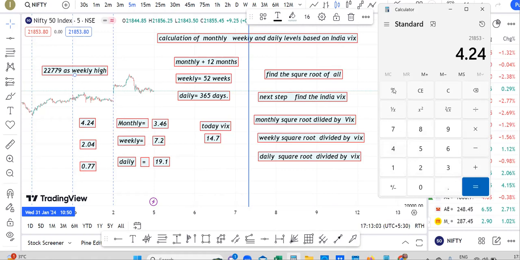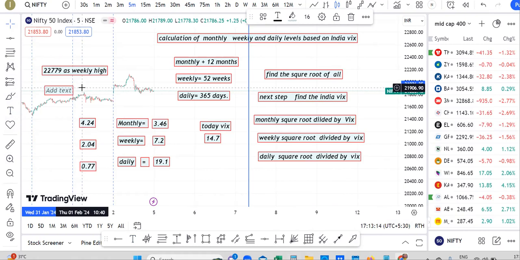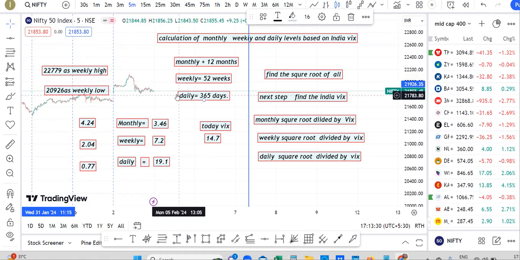I'm pressing the percentage, is equal to, I'm getting 20,926. Sorry, I had labelled it wrongly; it's a mistake.